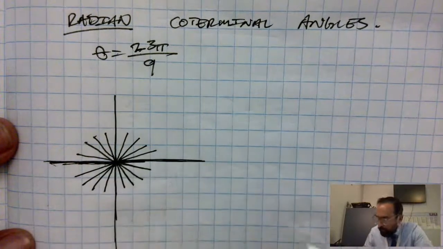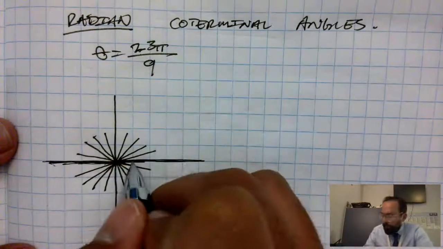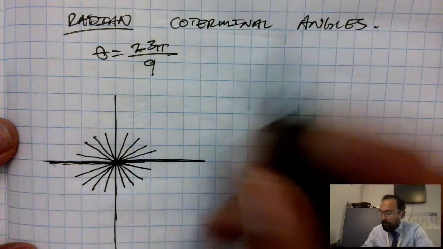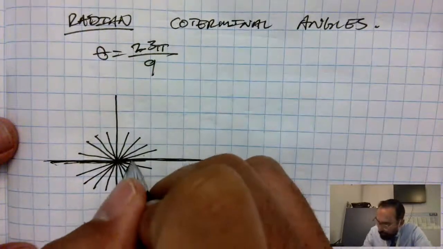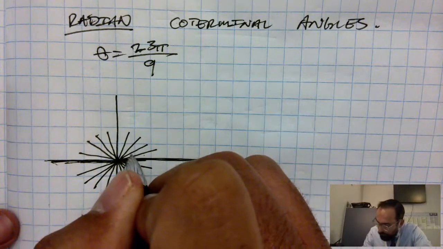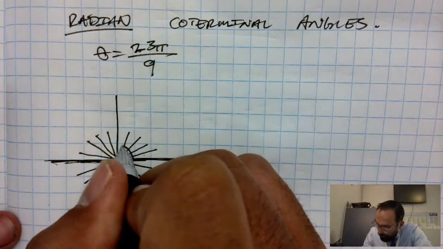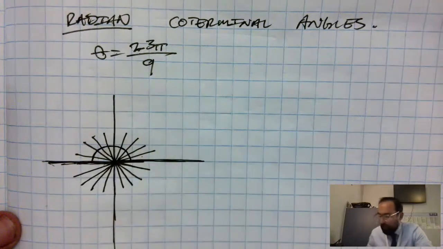Alright? So now we're going to sketch my angle, 23 pi over 9. So I'm going to count 23 of those sections. Remember, I'm not counting the y-axis here. So I'm going to start going slowly, and I'll build my way quickly. So 1, 2, 3, 4, 5, 6, 7, 8, 9. Alright, that's 9.